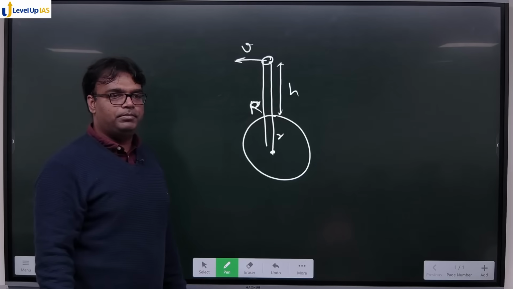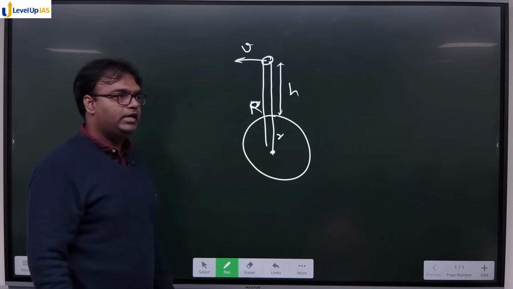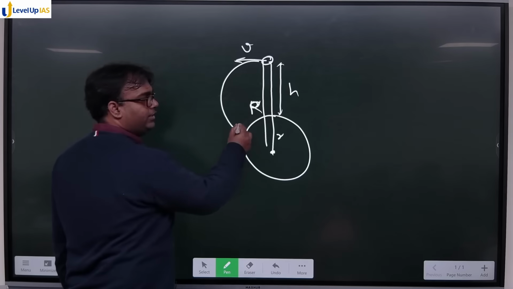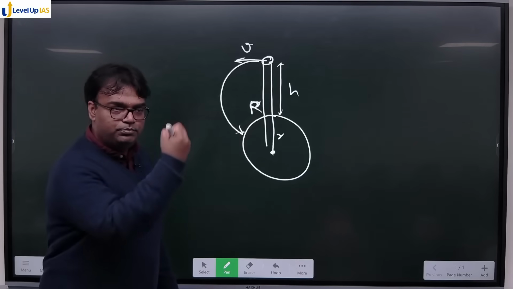Now three things may happen. The v may be very less and it eventually falls back on earth because earth's gravity is pulling it towards itself.